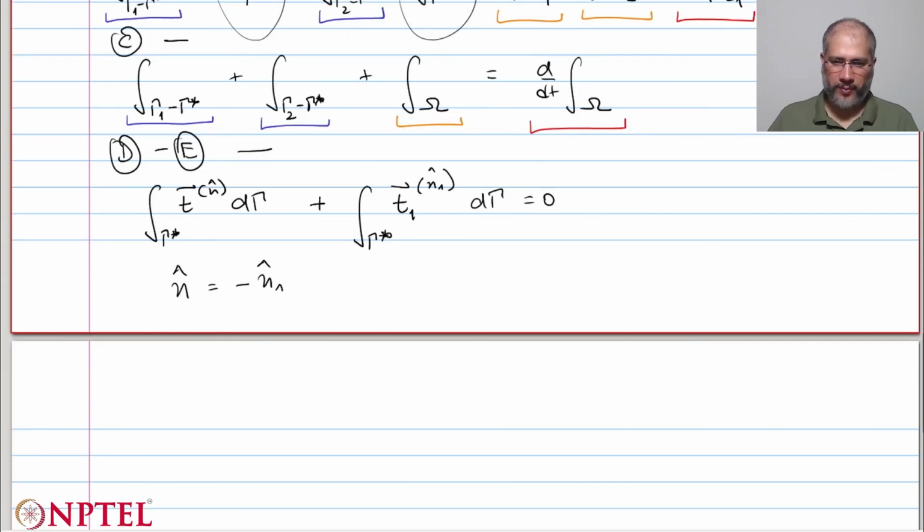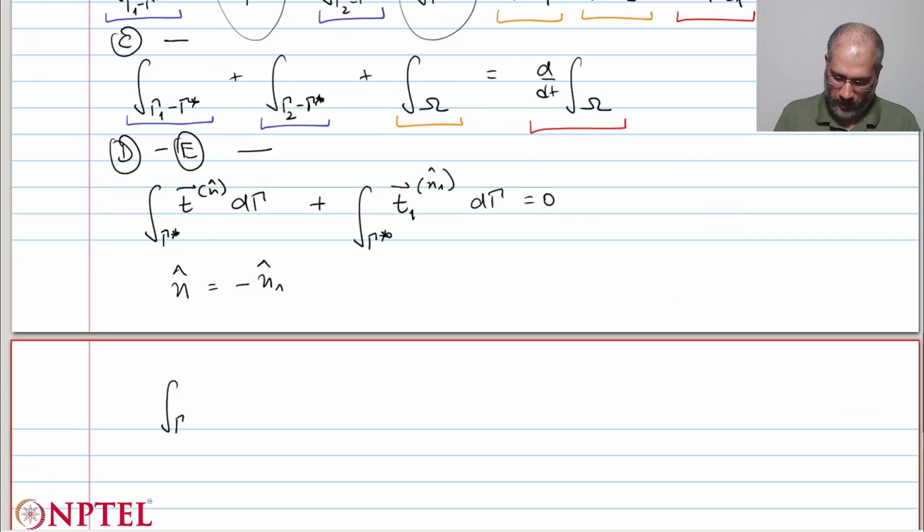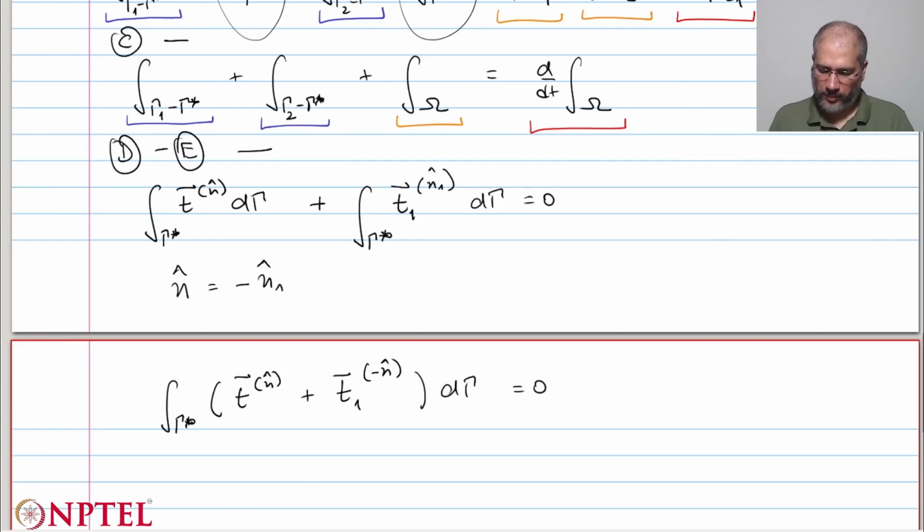So with this, we have the integral over gamma star of the sum of T n hat and T1 minus n hat times d gamma, and that's a 0. So this means that this quantity times the area, when you add this for all the infinitesimal areas in gamma star to make the complete gamma star, is a 0.